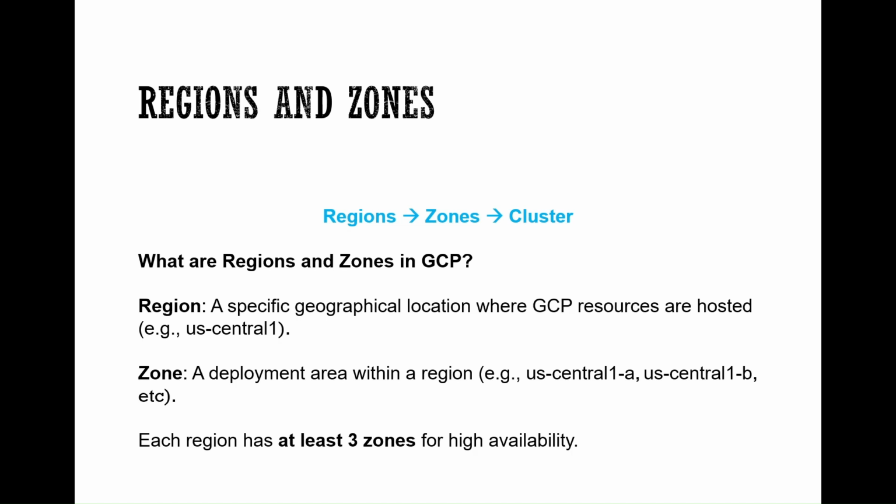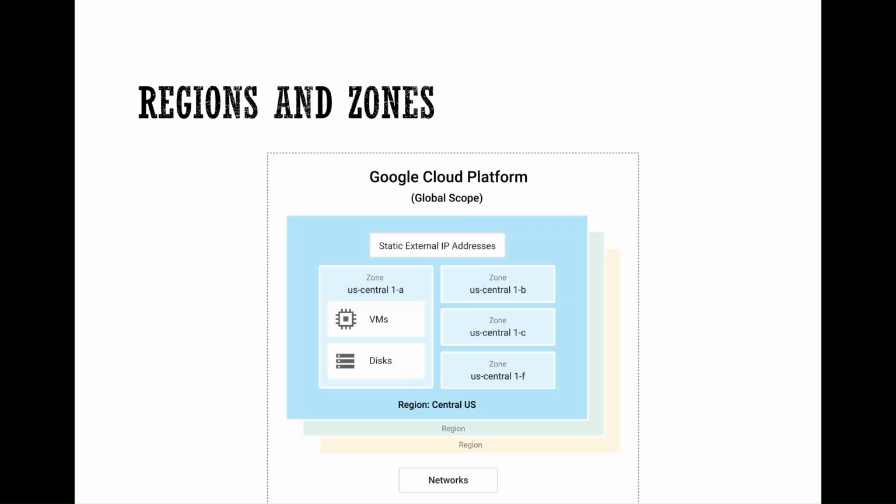If I can show you some visual representation. So this is a quick visual representation, as I mentioned. Here is your central region, and it has multiple zones, and each zone represents an architecture placed inside with VMs and a database.